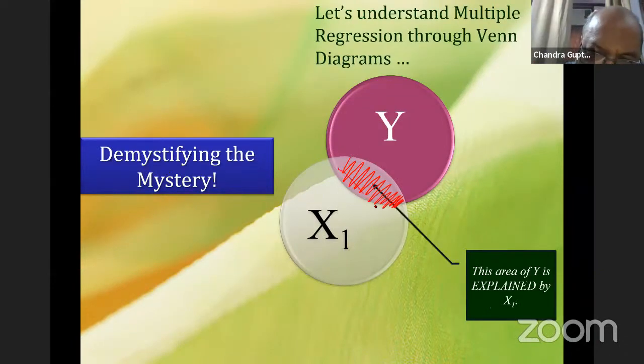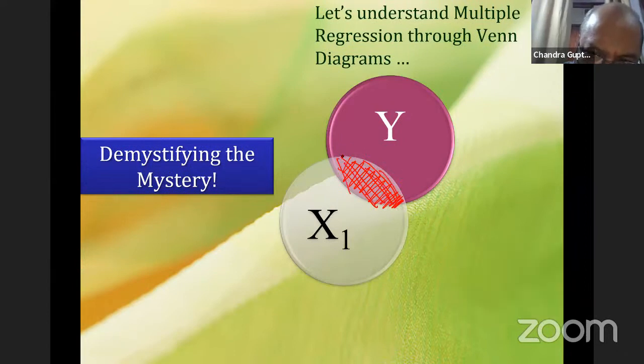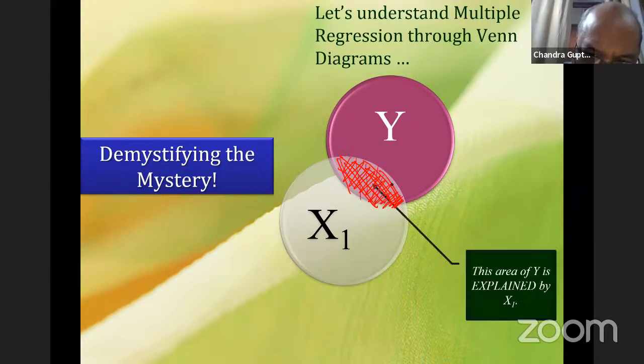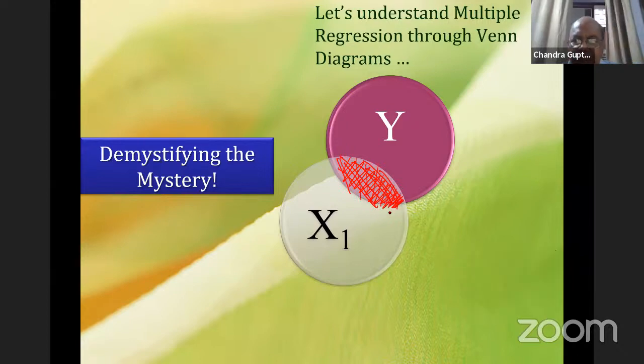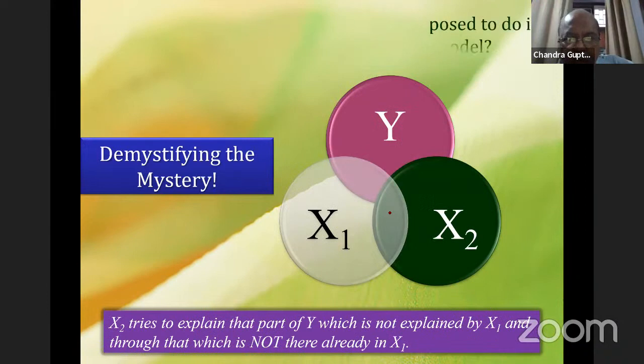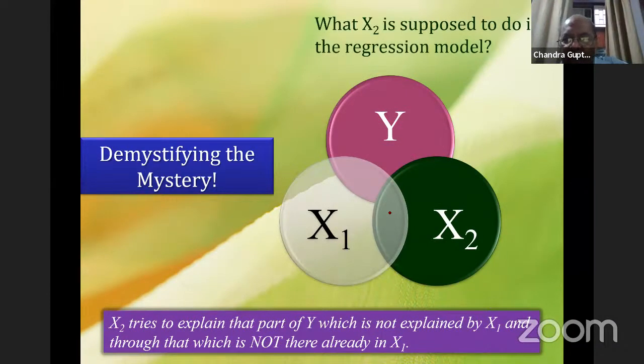This is the area which is explained by the x1 of y. And if I add another variable into it, x2, then what is x2 supposed to do? That is something which you have to think about. x2 tries to explain that part of y which is not explained by x1, that which is not there already in x1.